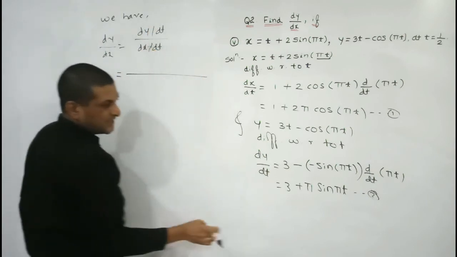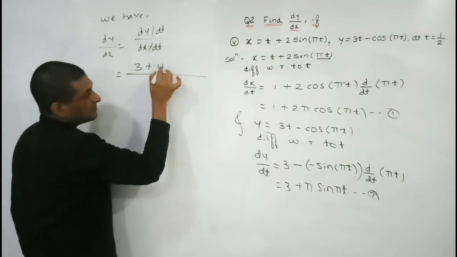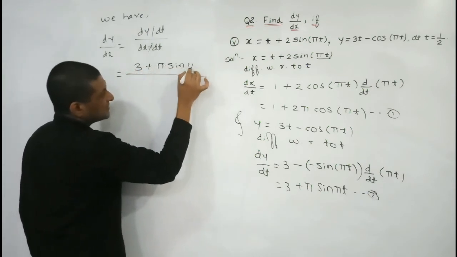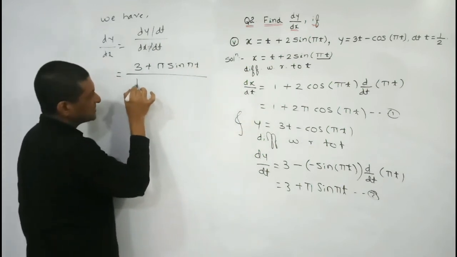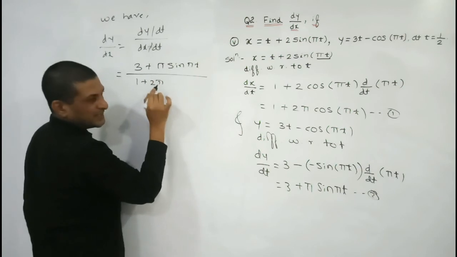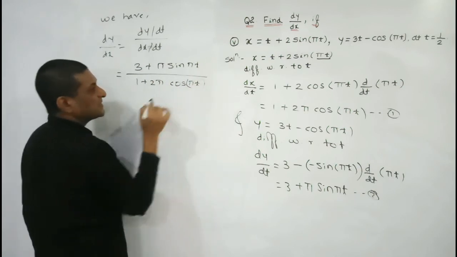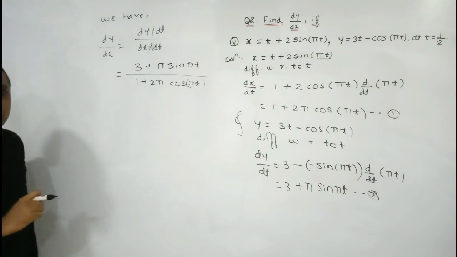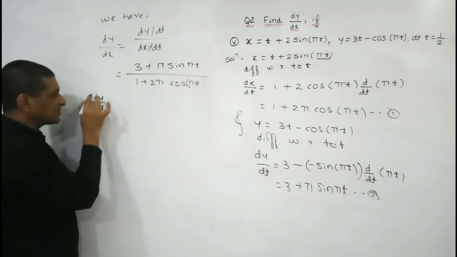So dy upon dt from equation number 2 is 3 plus pi sin pi t, and in the denominator we substitute the value of dx upon dt, which is nothing but 1 plus 2 pi cos pi t, isn't it? Here nothing is there to simplify.